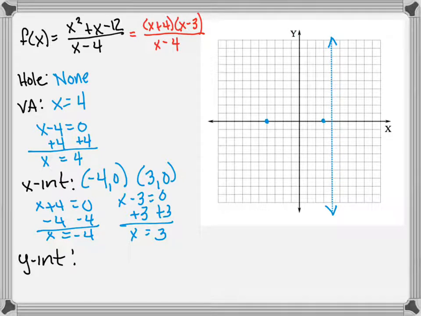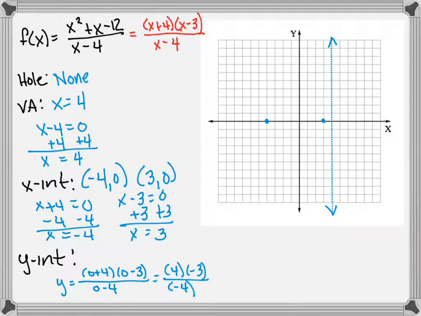Y-intercept. Let's substitute 0 in for x. y equals 0 plus 4 times 0 minus 3 over 0 minus 4. 4 times negative 3 over negative 4, which is 3. So we have a y-intercept at 0, 3, and we can plot that point.